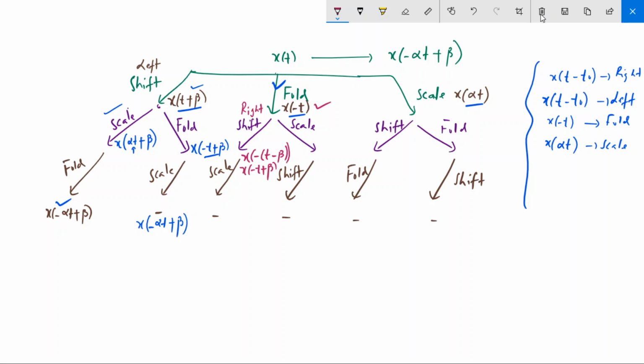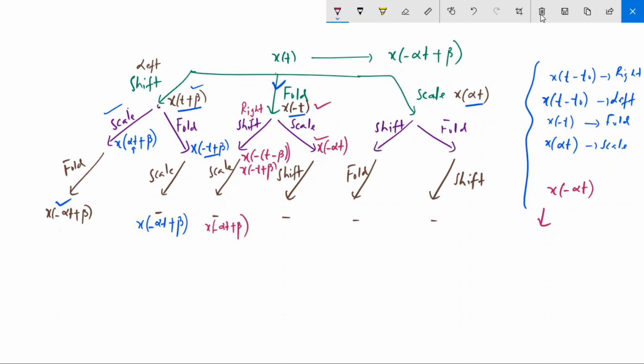Okay, and then you scale it by alpha, you will get x of minus alpha t plus beta. In this branch, after folding, if I scale it, it will become x of minus alpha t. And then when you shift it, what will happen? Now you have already x of minus alpha t.